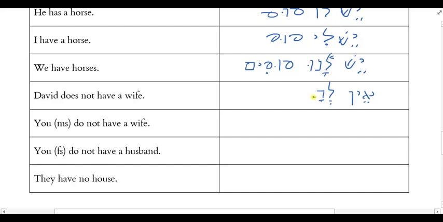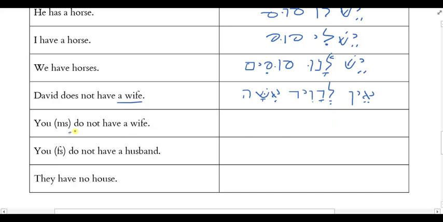Good. There is not to David. David has not. And then what does he have not? A wife? Isha. Good. So everybody, ein leDavid isha. There is not to David a wife. David has no wife.